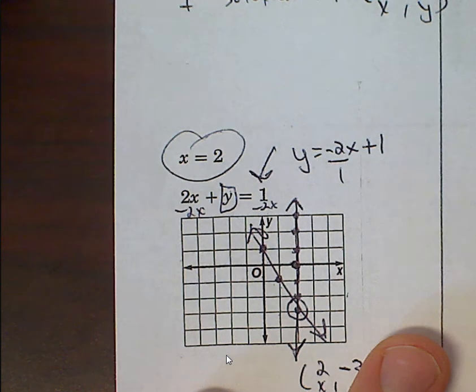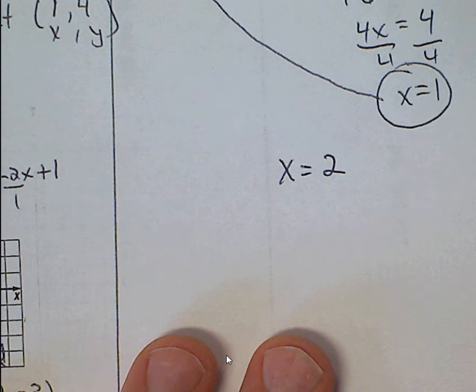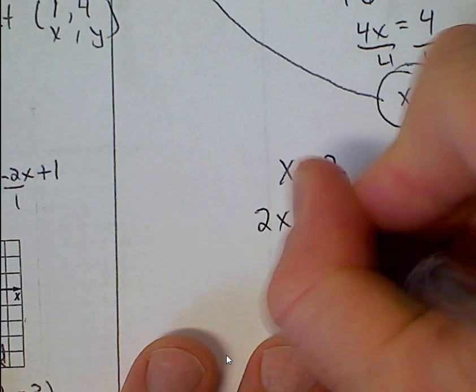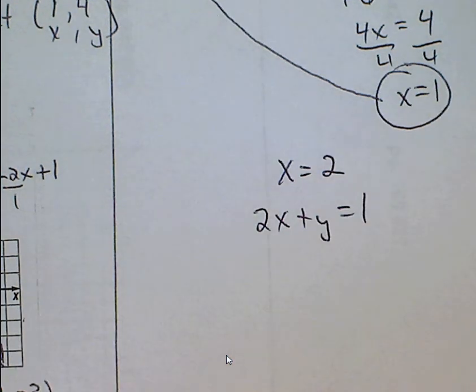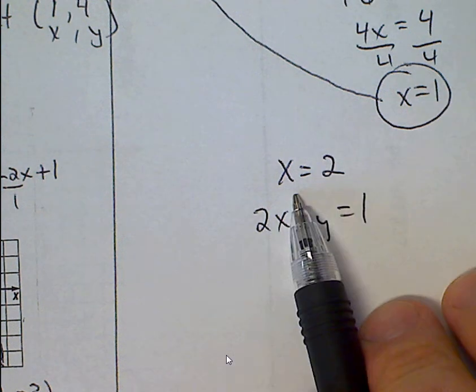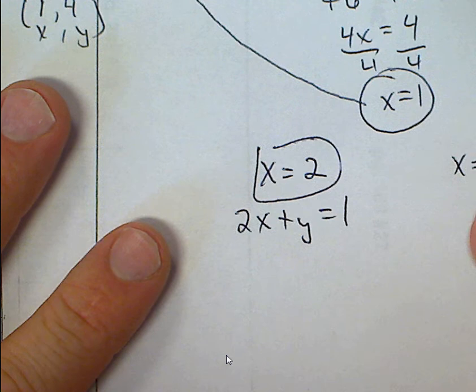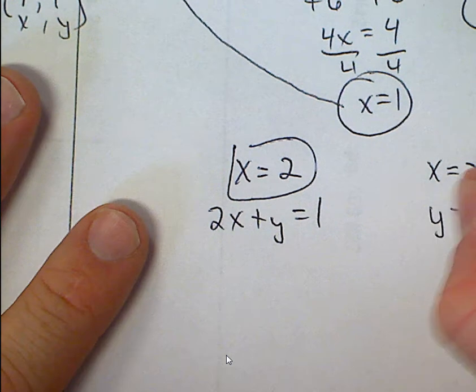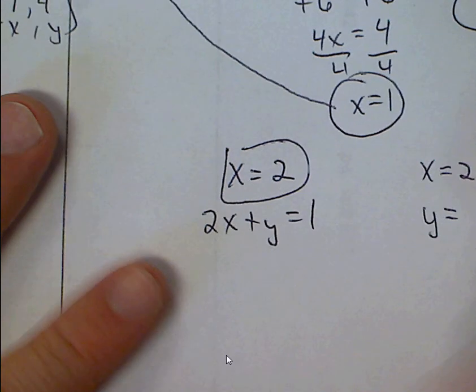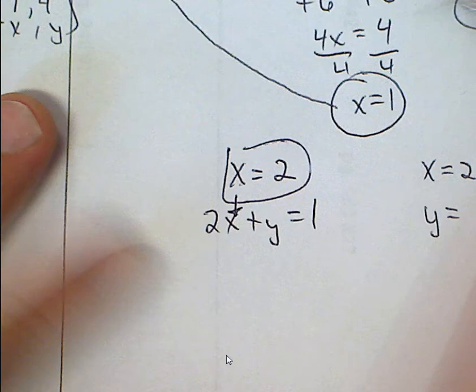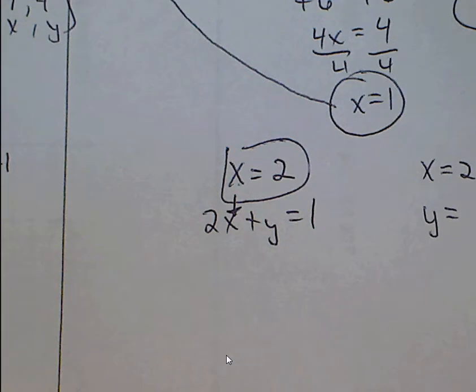Here we go. Substitution. I have x equals 2, and then I have 2x plus y equals 1. I already know one of my answers. X equals 2, so I know what my x stands for, but now I need to know what my y stands for. So if x equals 2, I am going to substitute into the x.